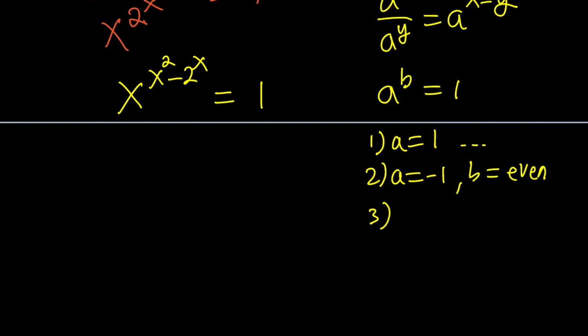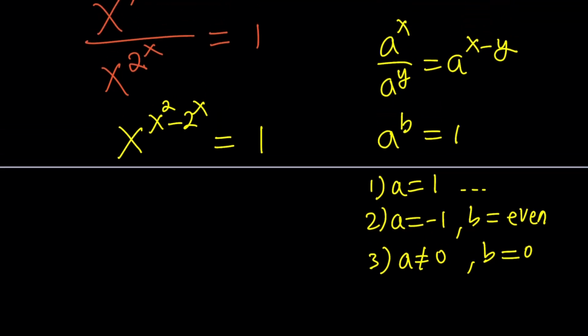And the third case is a does not equal 0, but b is equal to 0. Now, why does a have to be different from 0? Because if a is also 0, then you get 0 to the power 0, which is not always 1. It is an indeterminate form that we usually encounter in limits. Anyway, so we get this equation, and let's go ahead and take a look at each case.